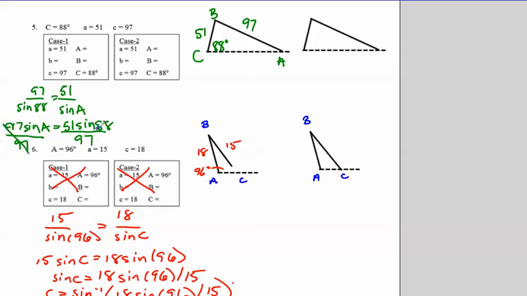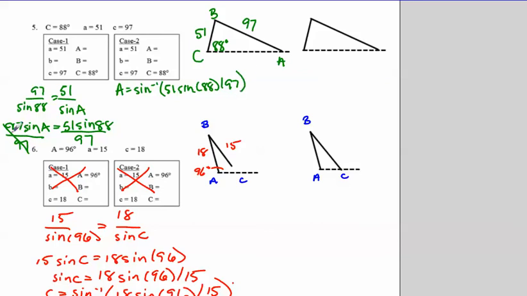Okay. So let's practice our old method where we put everything in the calculator at once. If sine A equals all of this, you can do the inverse sine on both sides and find that A is equal to the inverse sine of 51 sine 88 divided by 97.